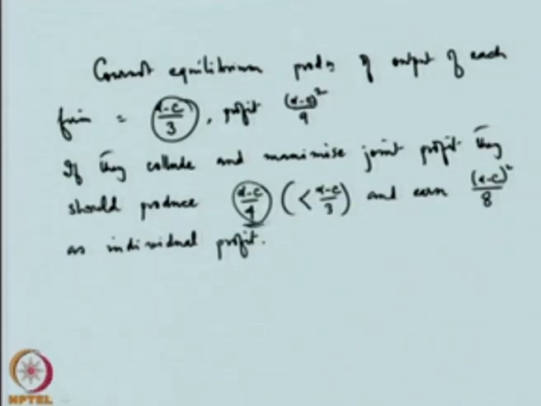And in fact, in collusion their profit is more than when they operate individually. So, that is why we say that in the Cournot equilibrium, the firms are ending up by producing more, and when they produce more, the prices go down and profit also is less than what it could be.